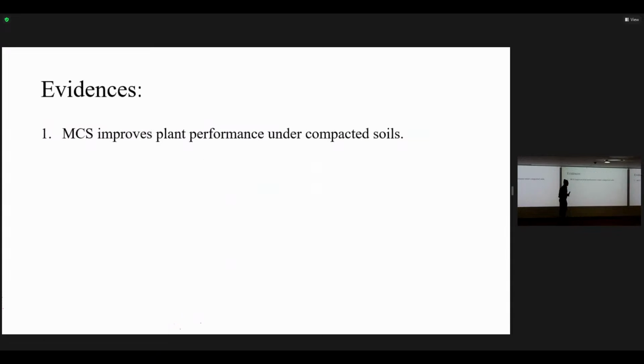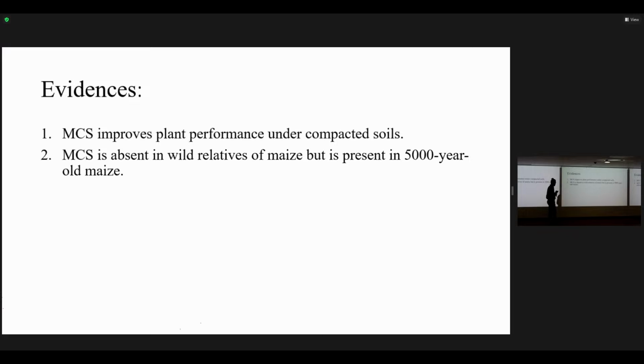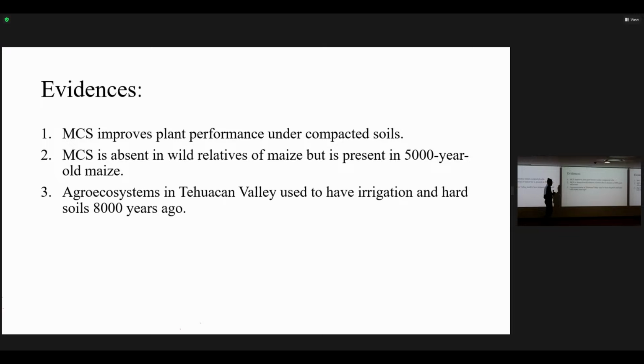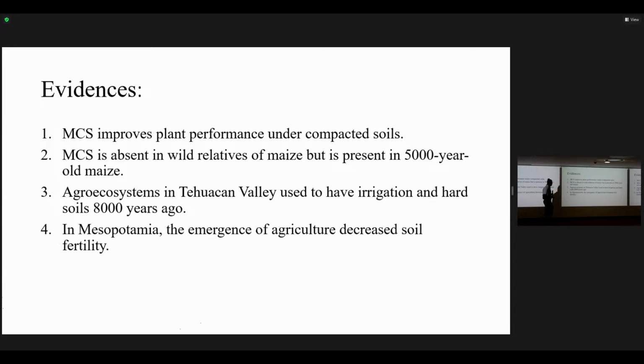So just to make a summary of the evidence here, we know that MCS improves plant performance under compacted soils. We also know that MCS is absent in wild relatives of maize, but was present 5,000 years ago. We know that the agroecosystems in Tehuacan Valley used irrigation, and they had hard soils 5,000 years ago, and they still have hard soils.